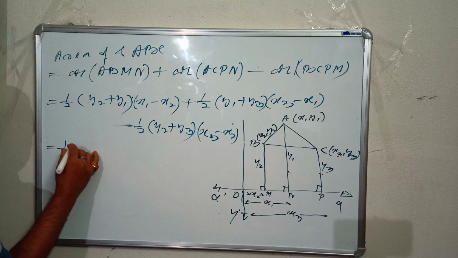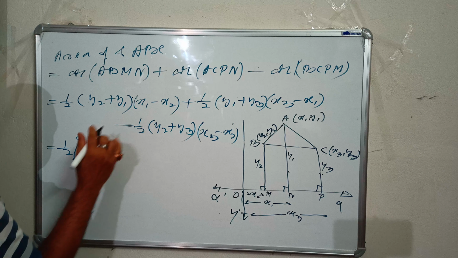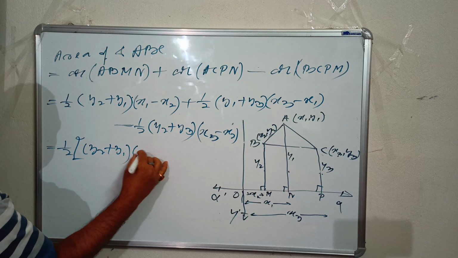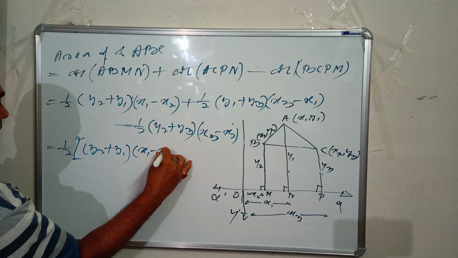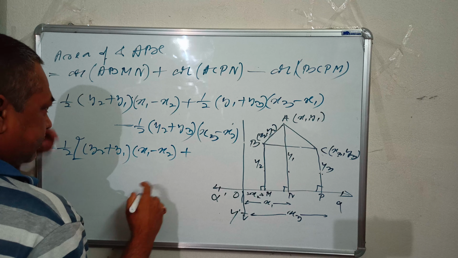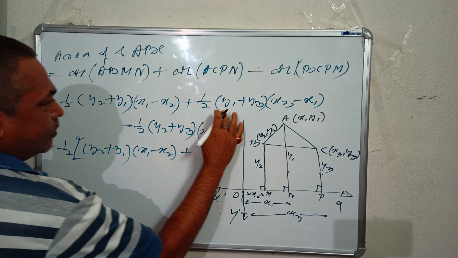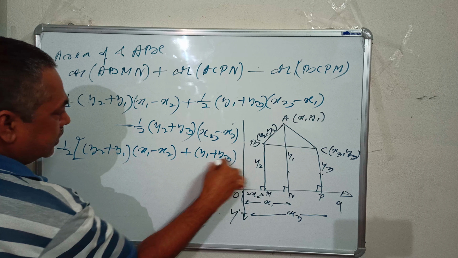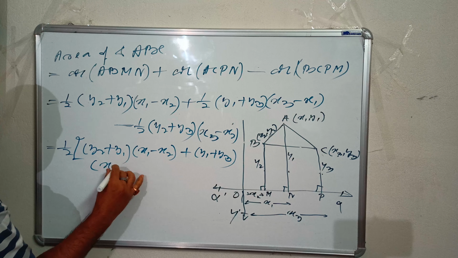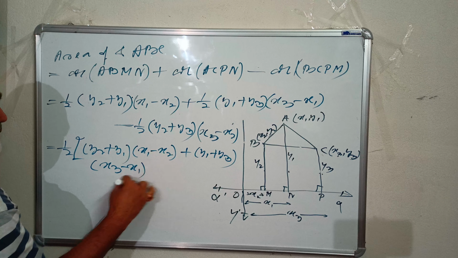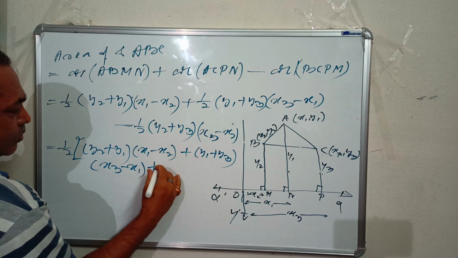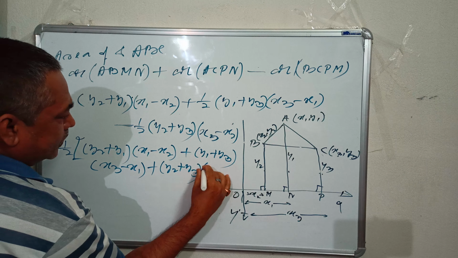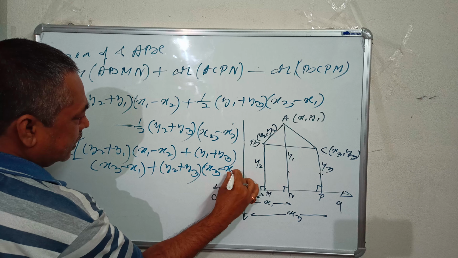And then what is happening? Here, y2 plus y1 into x1 minus x2, plus y1 plus y3 into x3 minus x1, again plus y2 plus y3 into x3 minus x2.